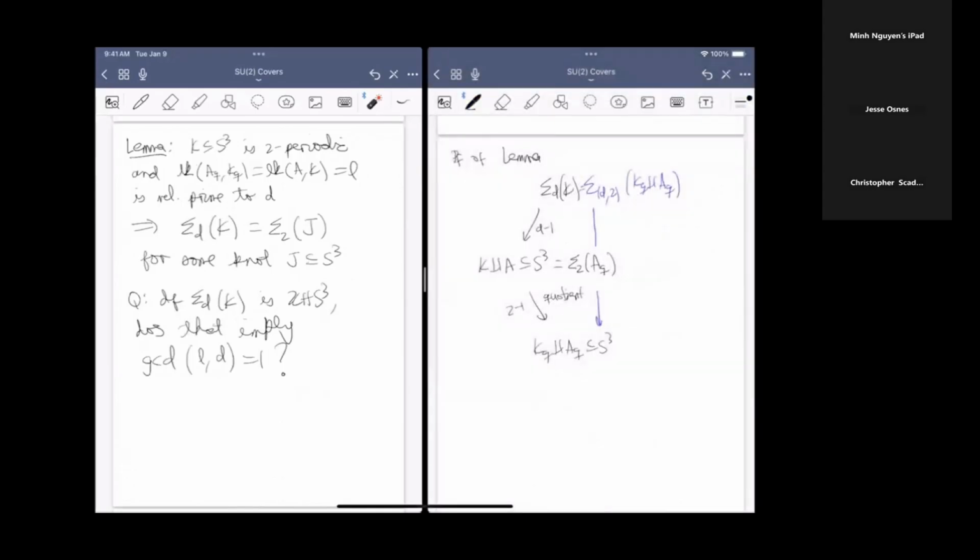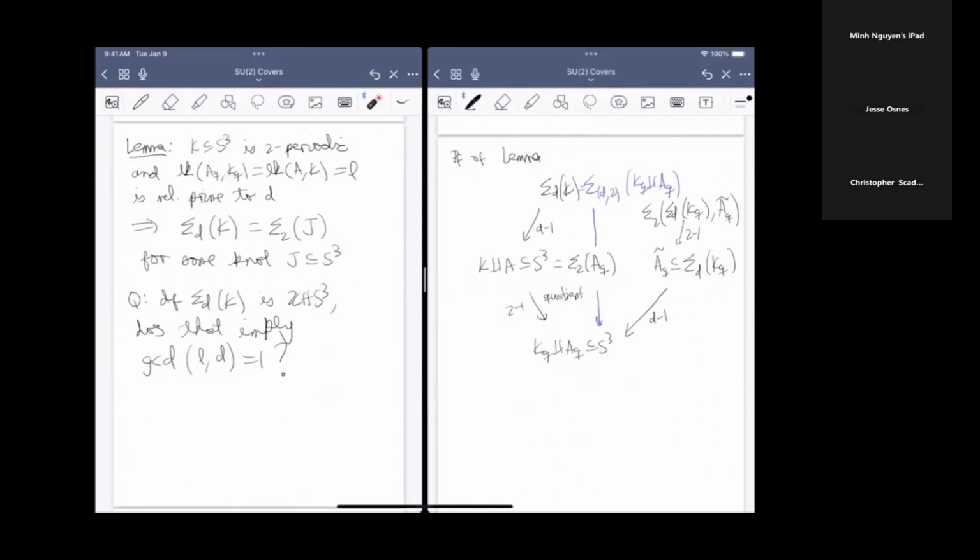And I get the same manifold, which then tells me that I could have started in the opposite way. I can take first the d-fold cover over the quotient of my knot K. Then I look at the lift of this knot AQ, and now I take the two-fold cover over this d-fold cover of my knot AQ.